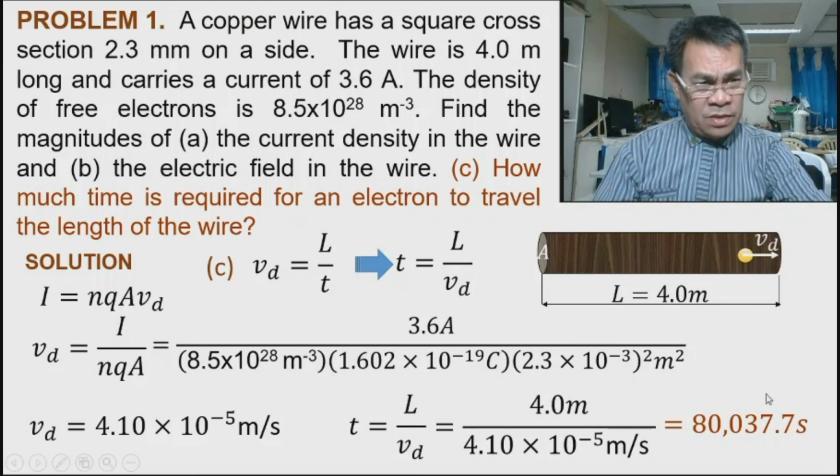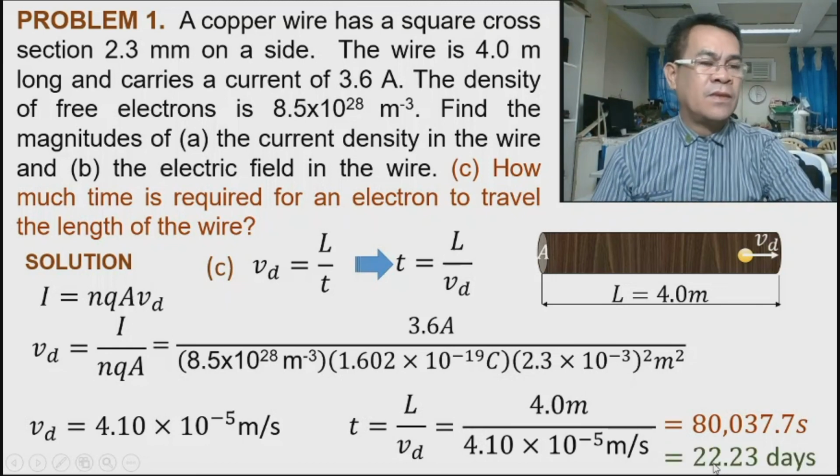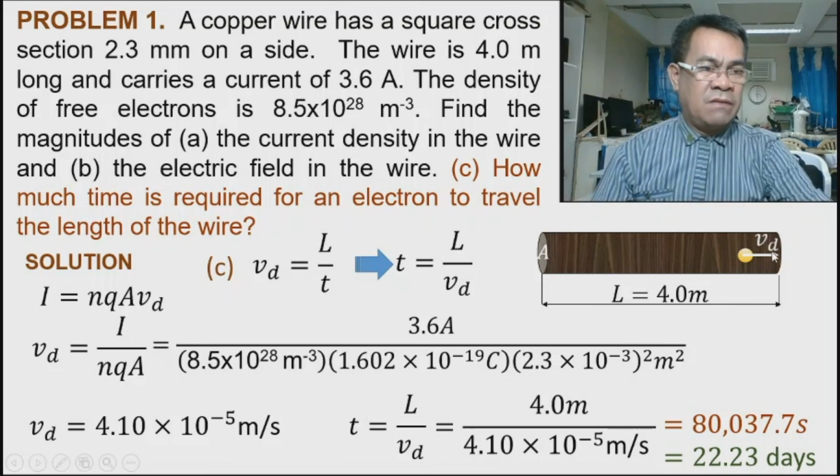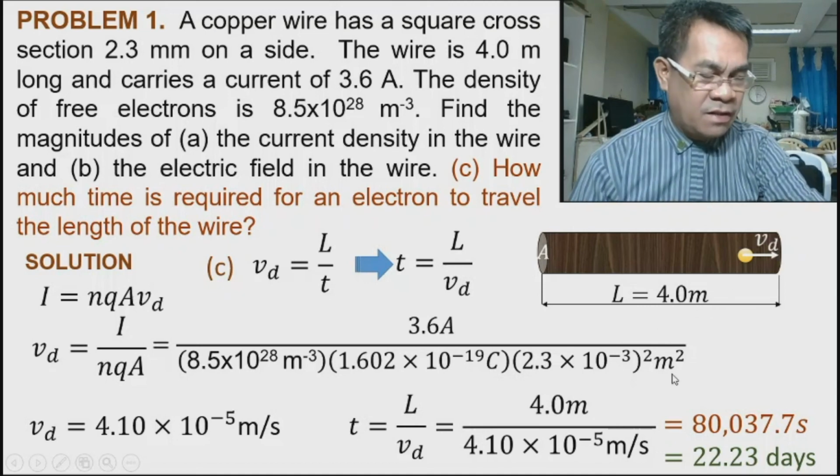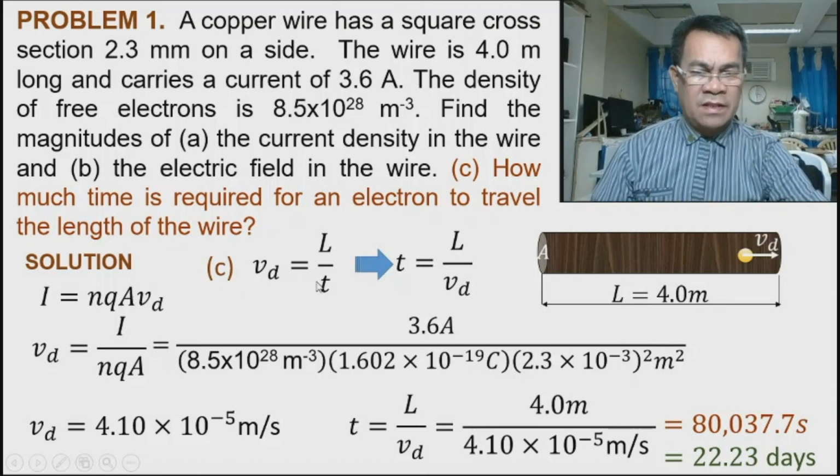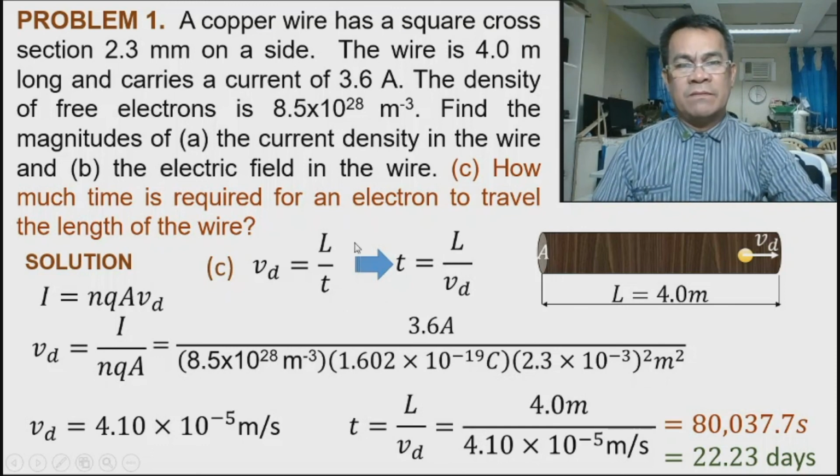If you convert this to days, approximately 22 days before the electrons arrive at the other end of the 4 meter wire. Okay? So these are the answers to this problem.